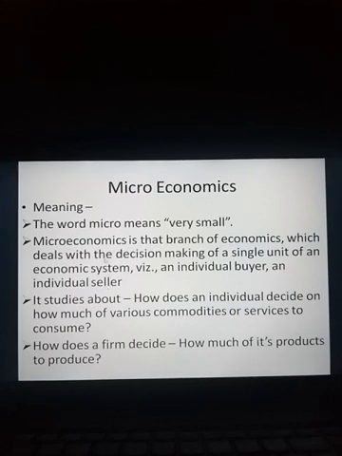So that means microeconomics studies how the decision will be made by a buyer or a seller. That means a buyer has to decide how much quantity of a particular product to consume, because consumers always give importance to utility maximization, whereas sellers or producers always give importance to profit maximization.